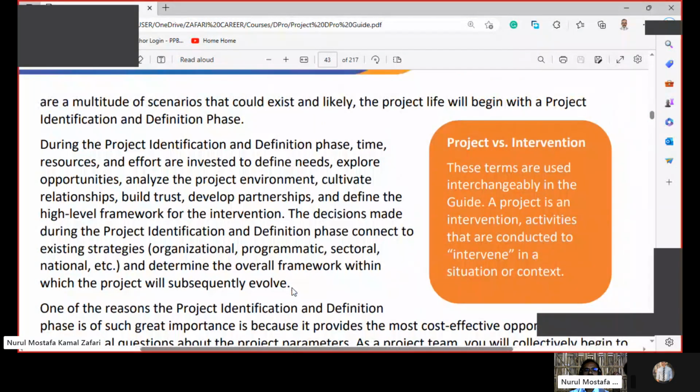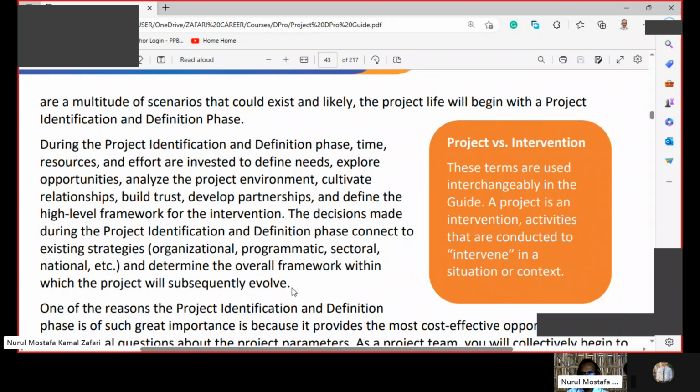There are a multitude of scenarios that could exist, and likely the project life will begin with a project identification and definition phase. Before that, let us understand the yellow box first, project versus intervention. These terms are used interchangeably in the guide. A project is an intervention.